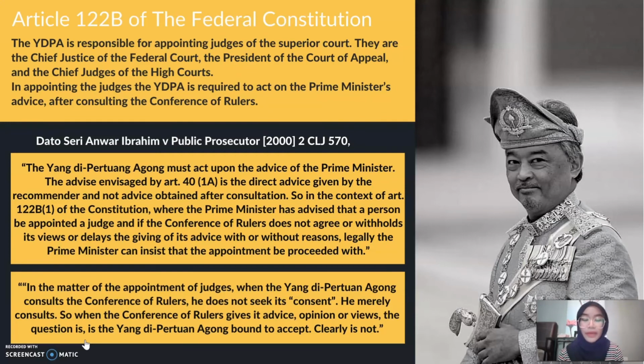It was also explained that when the YDPA consults the Conference of Rulers, he does not seek its consent, but merely consults. So when the Conference of Rulers gives its advice, opinion or views, is the YDPA bound to accept? In this case, clearly it's not.